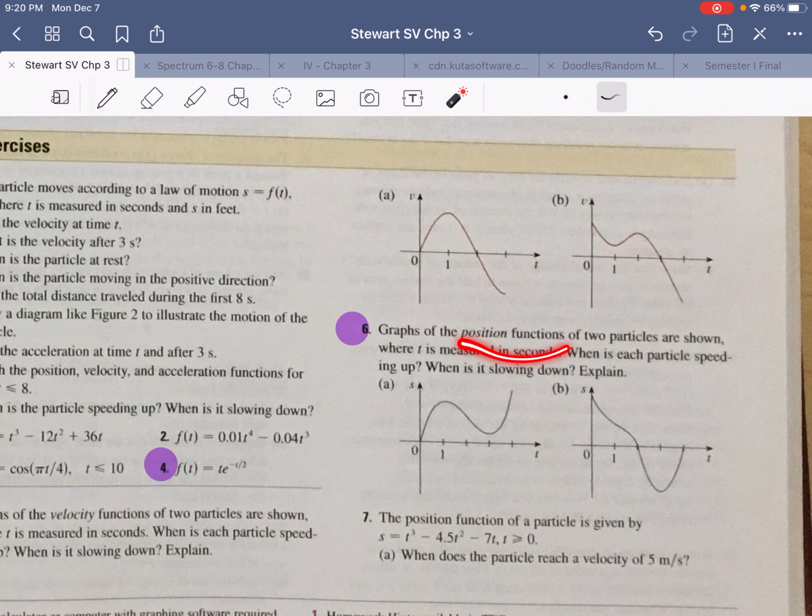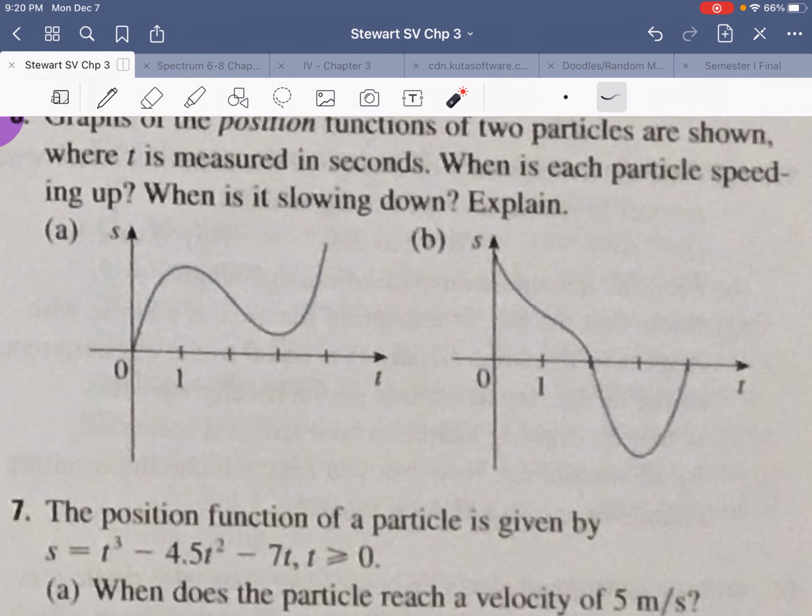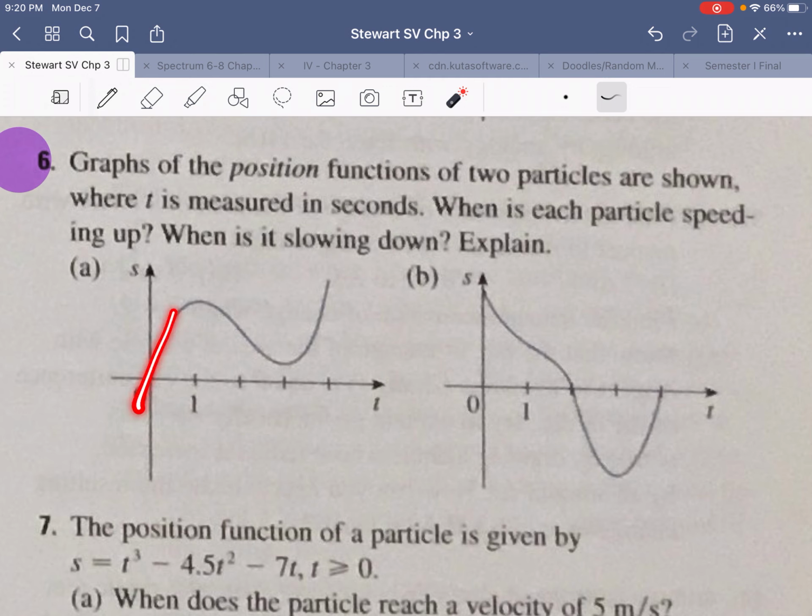And then for this one, just keep in mind that this is a position function. So a position function's a little bit different, where I have a big speed and then it goes to 0. So that was slowing down. My speed here is 0, and then it's not 0. It's getting bigger in a negative direction, so it's speeding up. At this point, though, my slopes stop getting steeper and they start to head back towards 0.